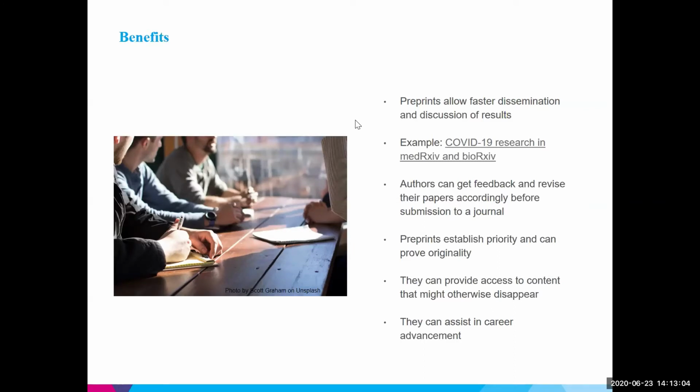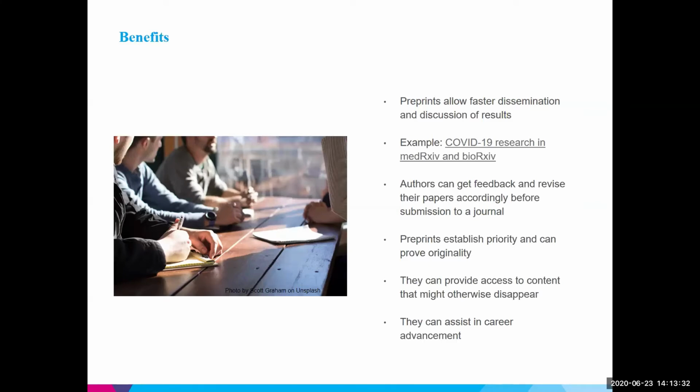But in the case of grant applications, preprints can allow a reviewer to take a look at the productivity of that particular researcher and see what's going on, what's in process. It also can show the evidence behind the supporting work that's proposed in that grant application and make it more clear to the reviewer why this should be funded.